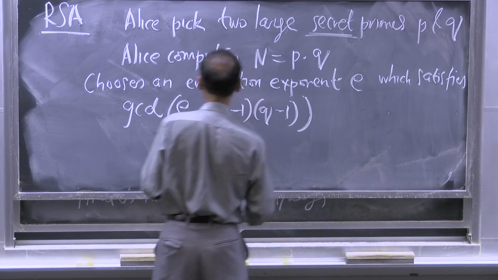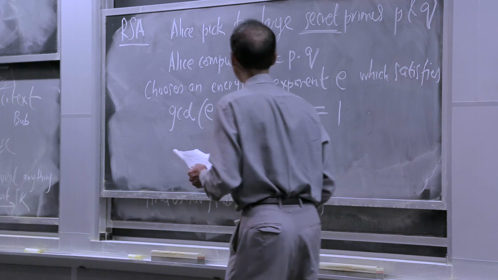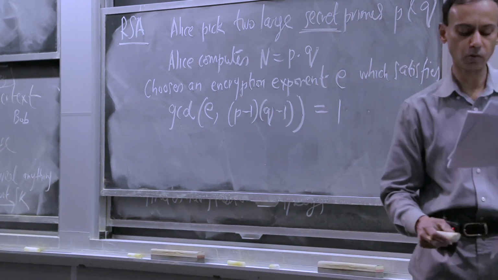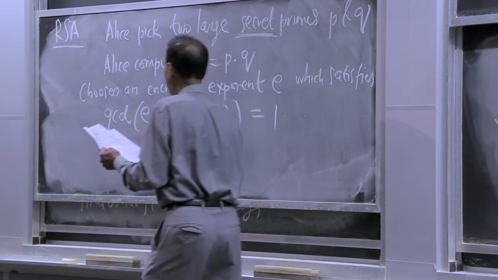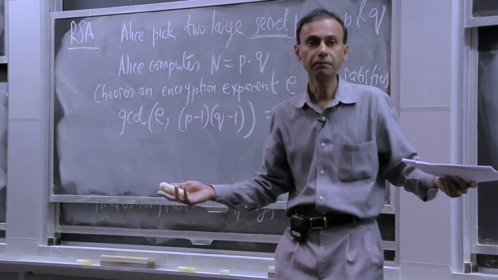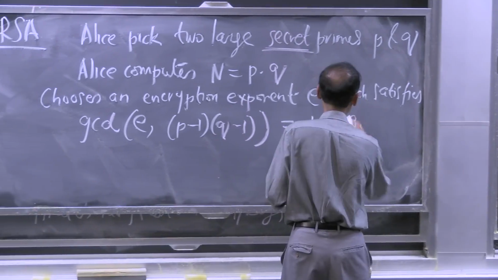And she knows p and q, so she can compute p minus 1 times q minus 1. So the GCD of E and (p minus 1)(q minus 1) is 1. And you can certainly accomplish this simply by choosing E to be a prime, right? Because then a GCD of a prime with anything else is 1.